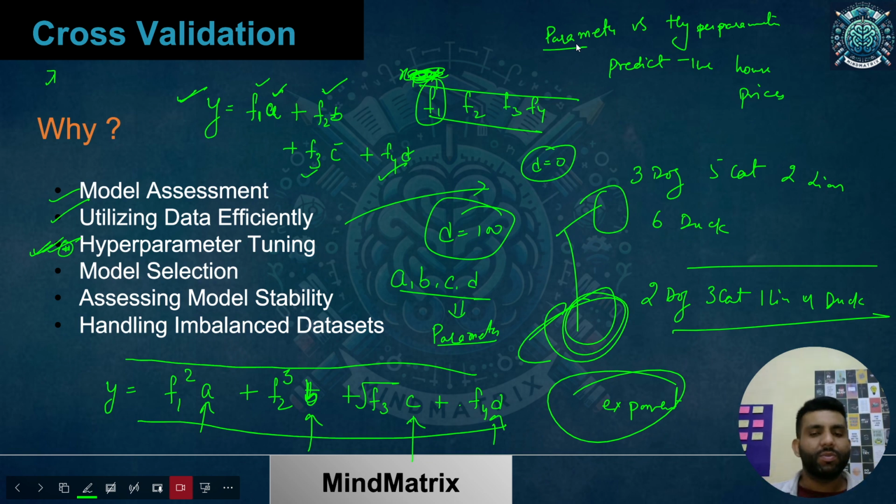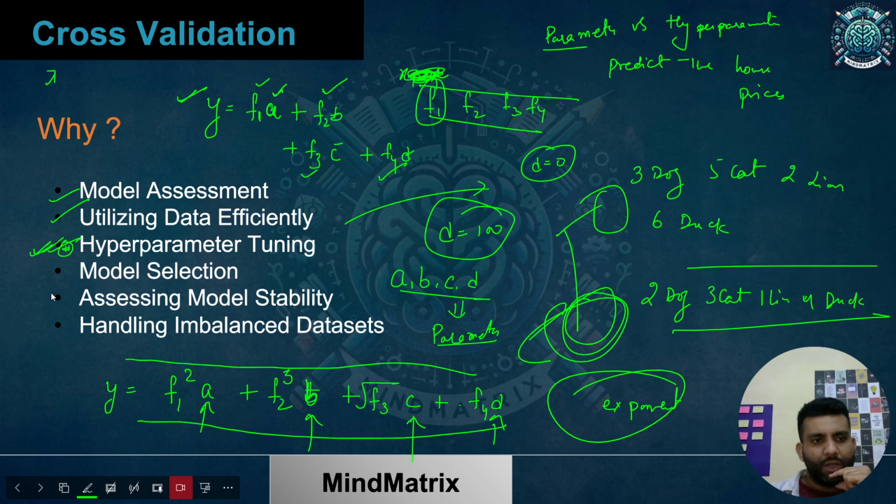I hope the idea is clear. To identify better values of hyperparameters, we again use cross validation, because we check what performance we get with each hyperparameter. Whichever gives the best, I will choose that hyperparameter.